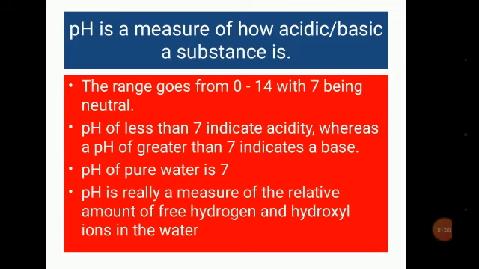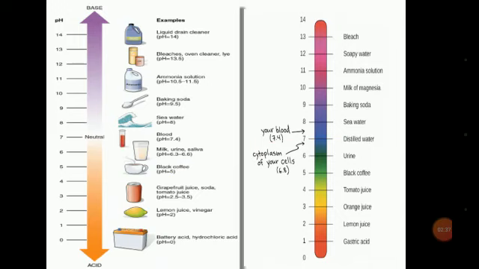Concentrated ammonia, you can see on the left hand side in the picture, has a pH of about 14. Then bleaches, oven cleaner, lye, meaning sodium hydroxide, has a pH of about 13.5 and above.